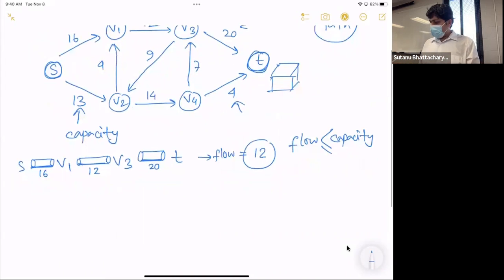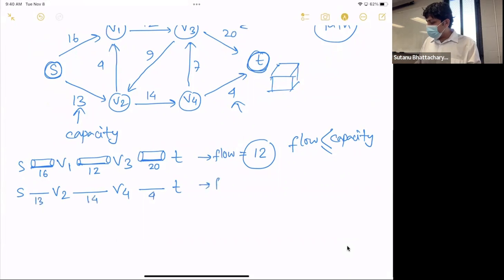So this is flow 12. Then we can use another path: S to V2, V2 to V4, V4 to T. What is the capacity from S to V2? 13. V2 to V4, 14. V4 to T, 4. So what is the actual flow? 4, the minimum one, right?